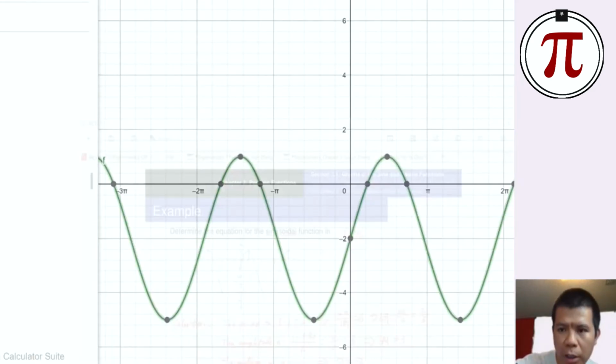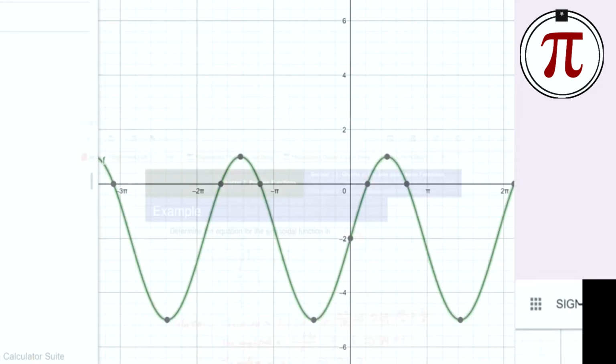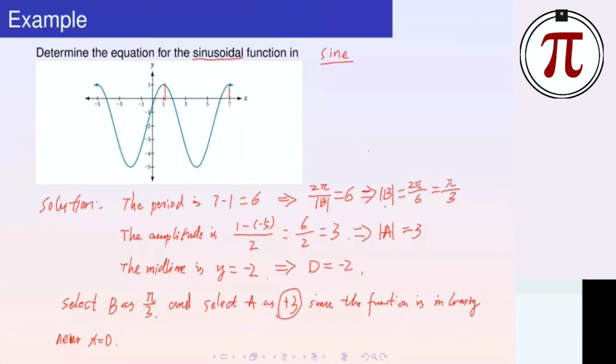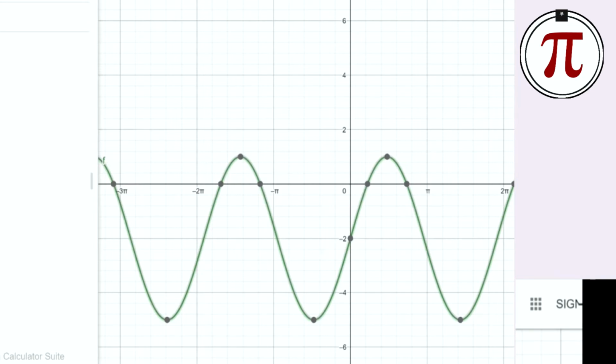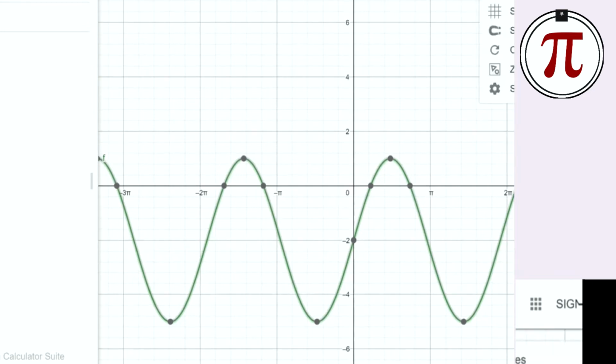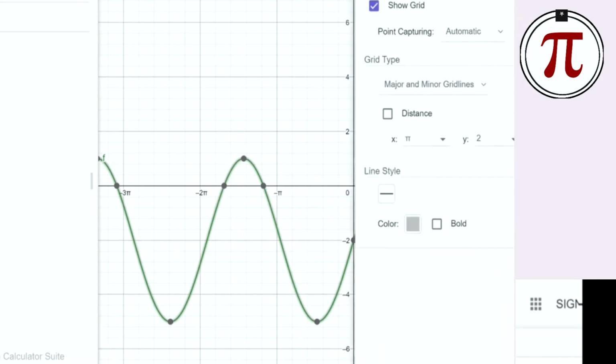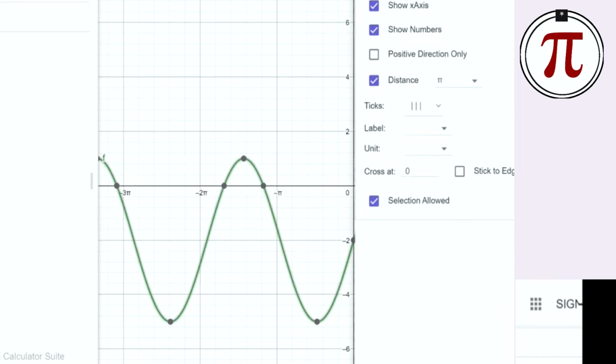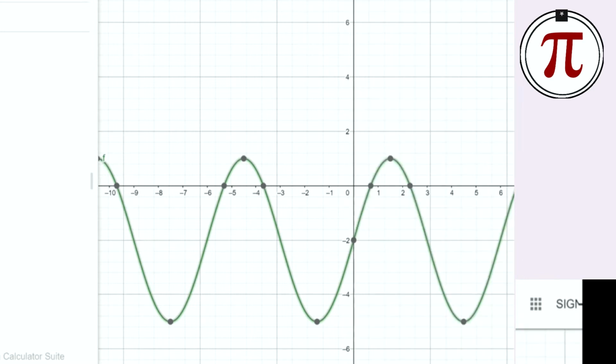Now, one thing here, I changed the setting in GeoGebra. Okay, now this one is centered at what? One thing I need to do is change this setting, and for the grid here, especially for x, I change it back to 1. Okay, now it's going to be better.